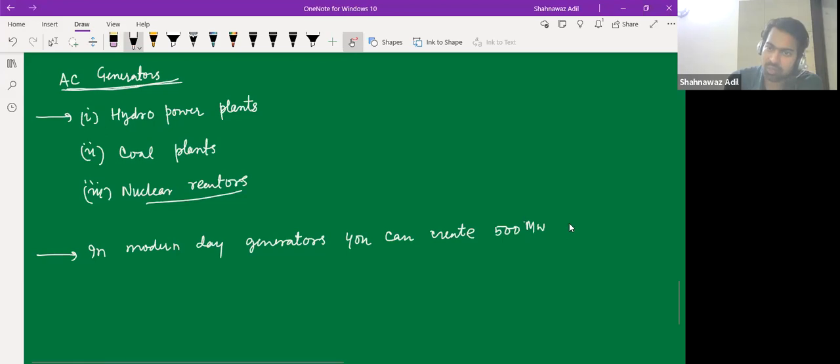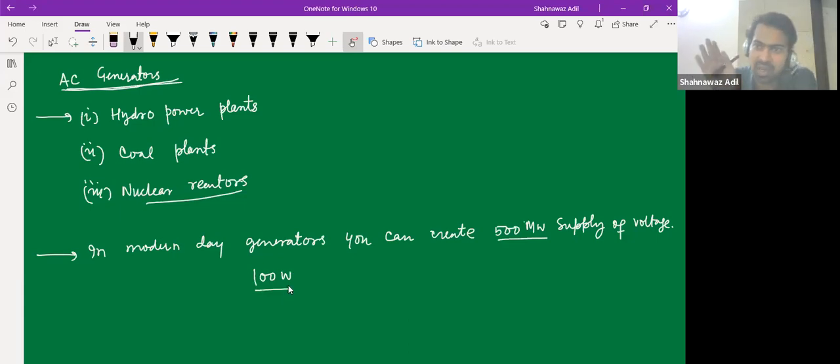So how much is this? You have a 100 watt bulb. Nowadays, what is the power of the bulb? Do you guys remember? You have bought the bulbs, LED bulbs. So what is the power of those bulbs?